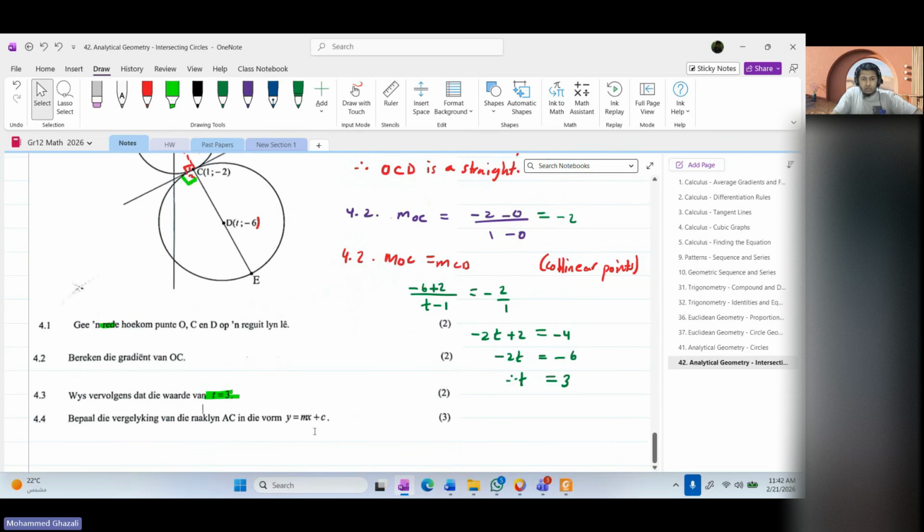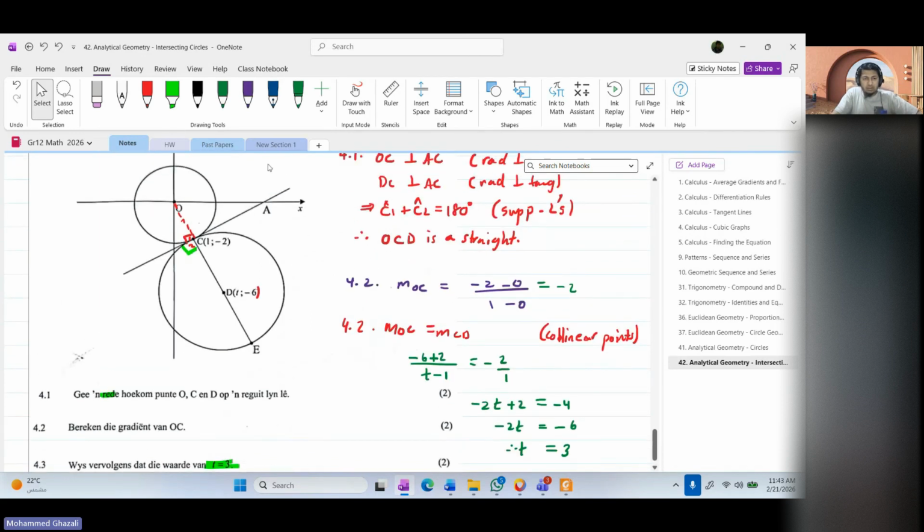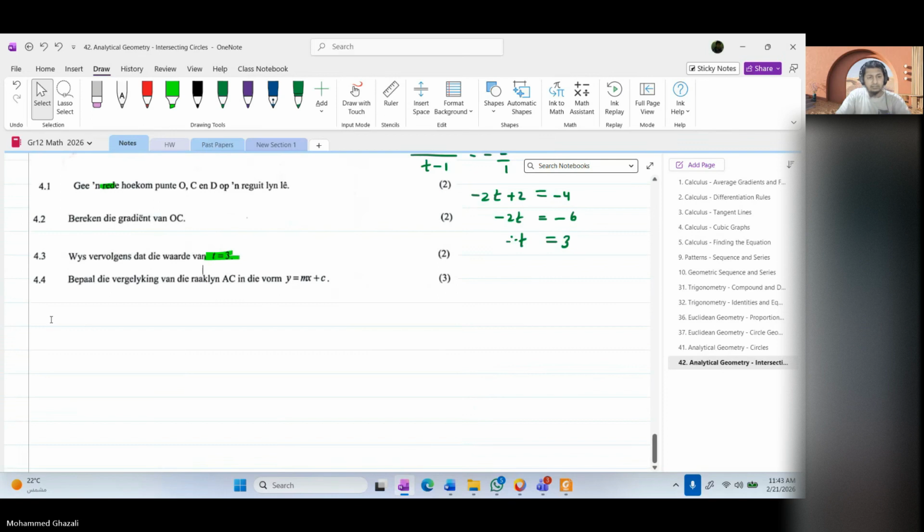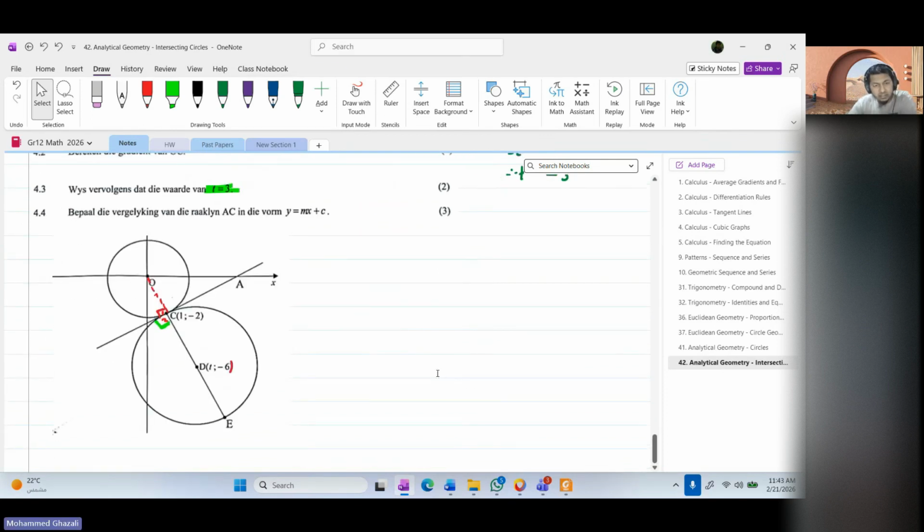We want to find the equation of AC. Let's take this diagram down. Right, so let's find the equation of AC. To find the equation of AC, we need the gradient of AC, all right?